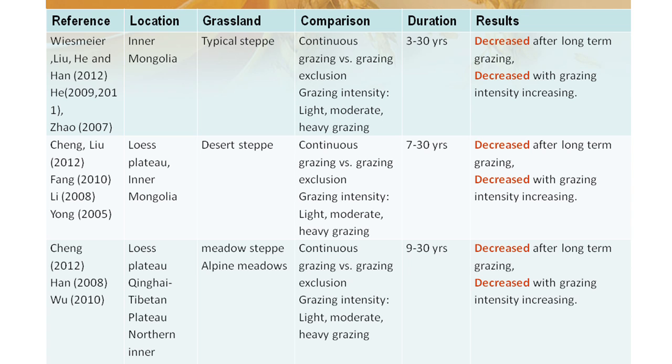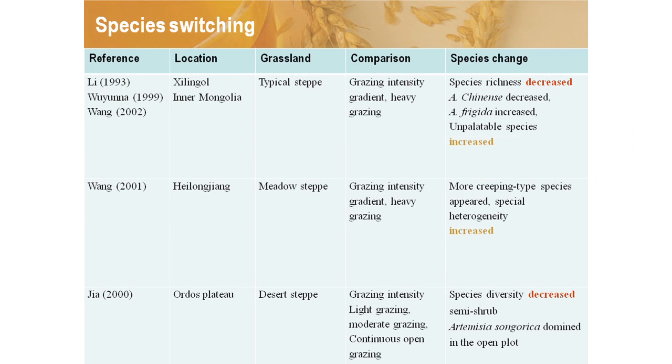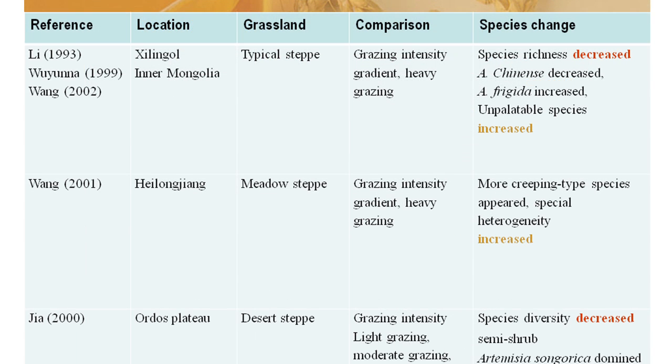We got the general trends: carbon decreases after continuous grazing, and it also decreases with increasing grazing intensity. This one summarizes some species switching after the long-term grazing effect. It's obvious that species richness and diversity decrease after long-term grazing.